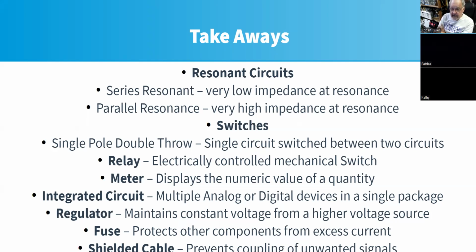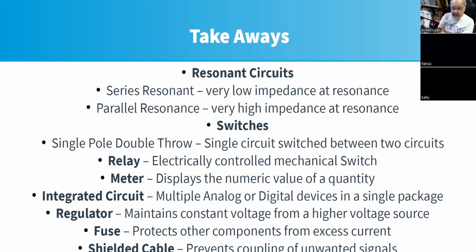In other words, that's the frequency at which the inductive and capacitive reactances are equal and cancel out. If it's a parallel circuit, where you have the inductor and capacitor connected in parallel, it's going to be just the opposite. It will have a very high impedance when it's at the resonant frequency.